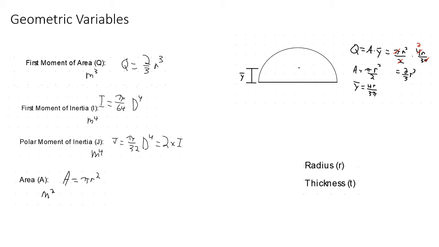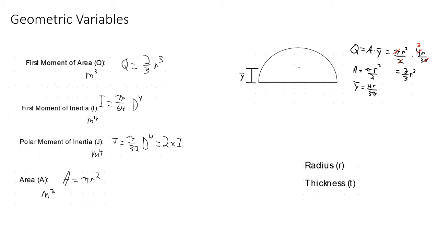A side note for Q, specifically for a circular rod or a circular cross section, it is equal to 2/3 r cubed. In fact, all of these formulas have been for a circular cross section.